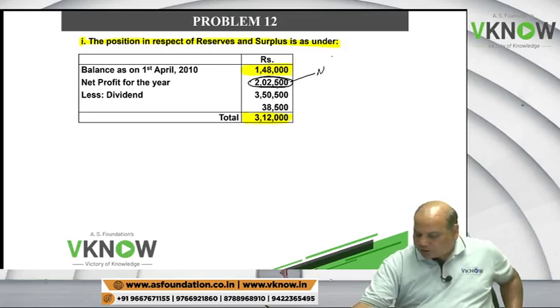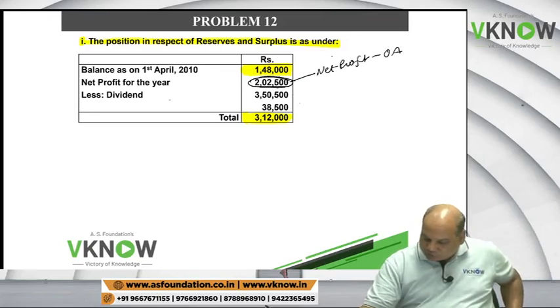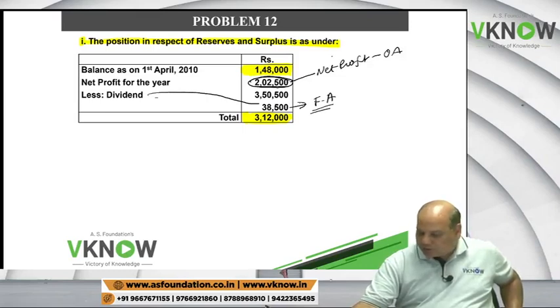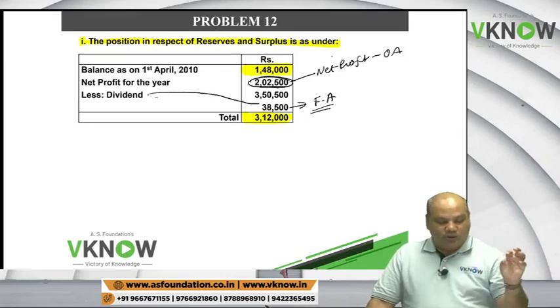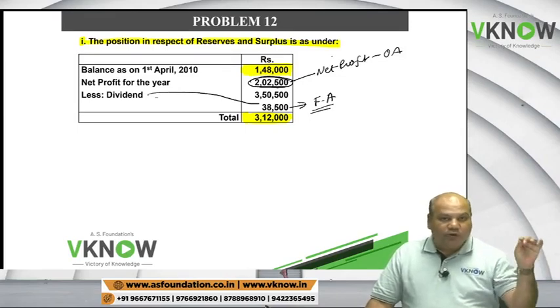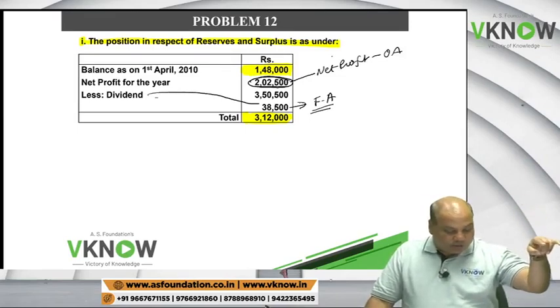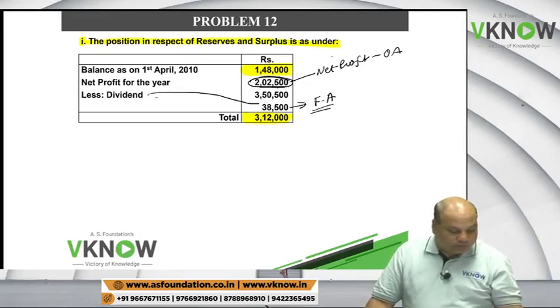This I will write as net profit in operating activity, and the dividend paid I will write in financing activity. So I will take two figures from here. Profit will go to operating activity, dividend paid will go to financing activity.